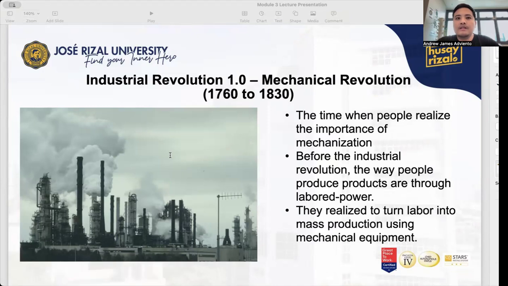The first Industrial Revolution focused on mechanization. Think of the steam engine perfected by James Watt and Thomas Newcomen. It provided the heartbeat for factories.